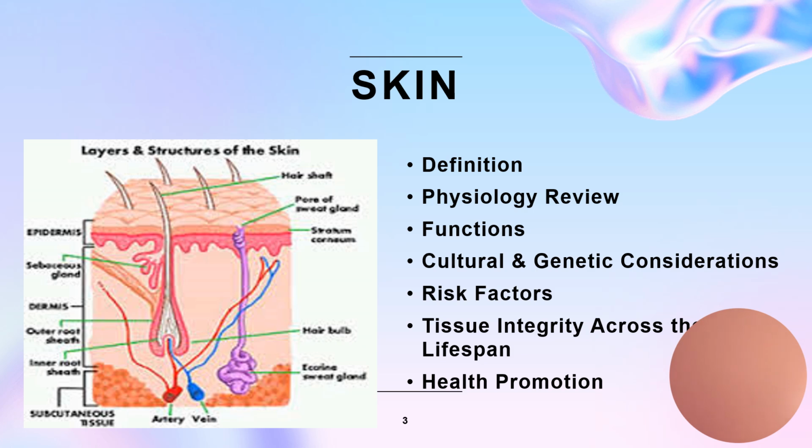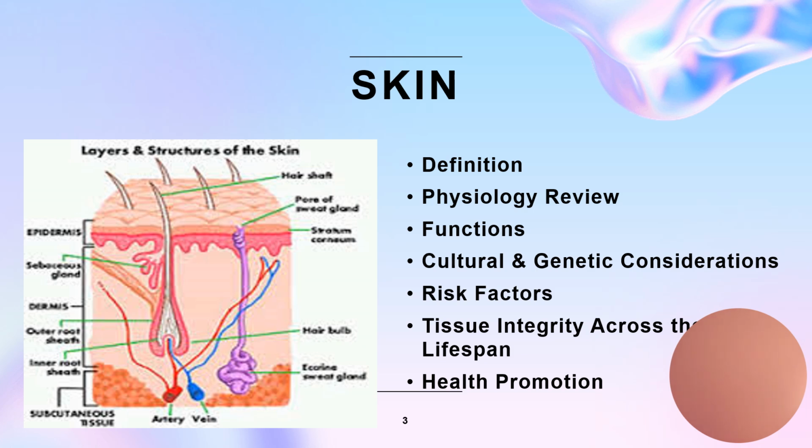So let's do a quick review of what's going on in the skin. We have epithelial cells that cover nearly every internal and external surface of the body, and this helps protect the body from the external environment, absorbing needed substances, secretions into the body cavities, and excretion of wastes from the body.